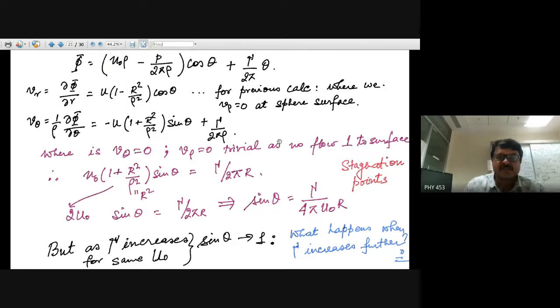And so what we do is set this equal to 0, and u0 plus 1 plus r squared, and this rho, we are matching it at the surface, so that's why we write this rho equal to r, equal to gamma by 2 pi r. Okay, and if you simplify this, this will become equal to 1, so you will get 2u0 sine theta equal to gamma by 2r, and sine theta in this case will be gamma by 2 pi u0 r.